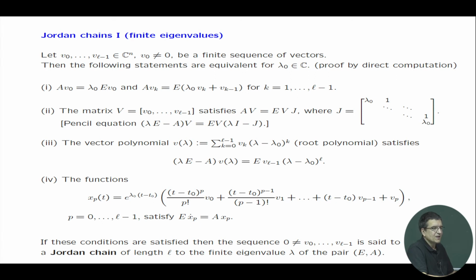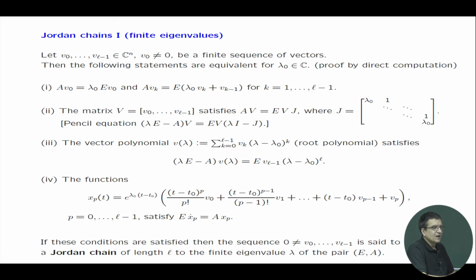And here this is very interesting. You can form a vector polynomial from our finite sequence of vectors, just by taking the vectors and multiplying them with these powers of lambda minus lambda 0. Then you get a vector polynomial.